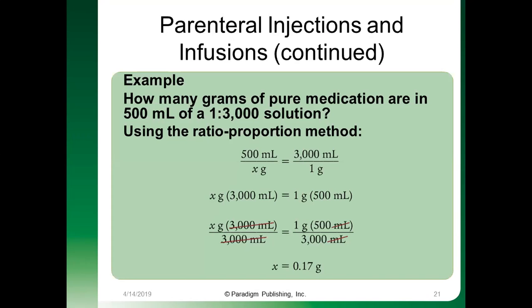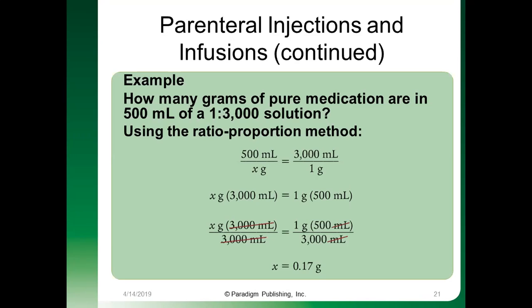So how many grams of pure medication are in 500 mLs of a 1 to 3,000 solution? We want to know how many grams are in 500 mLs. And we have a 1 to 3,000 solution, so basically that's 1 gram per 3,000 milliliters.